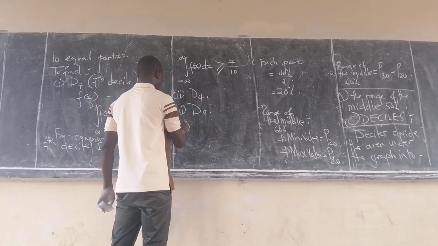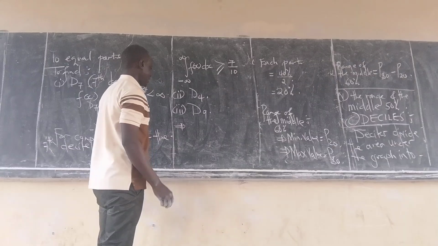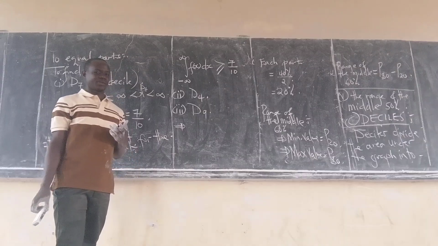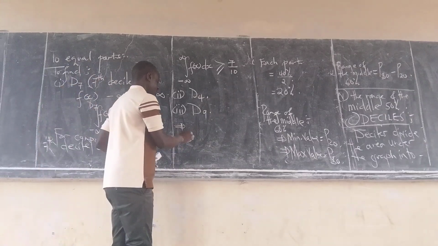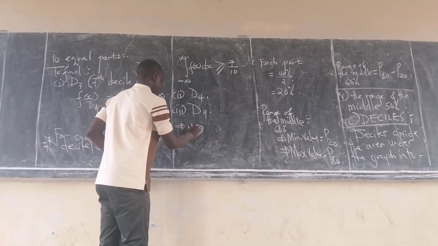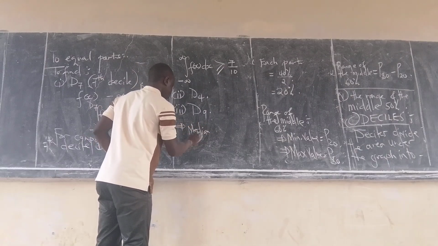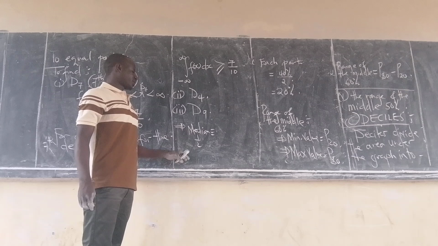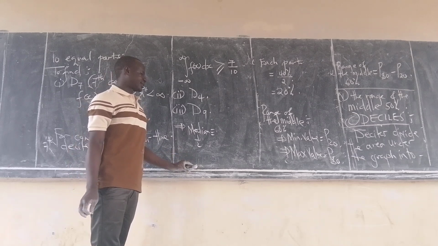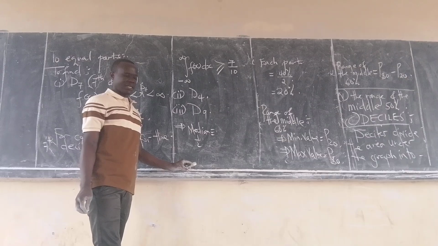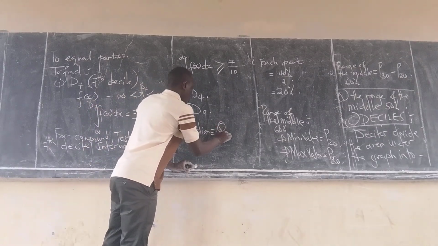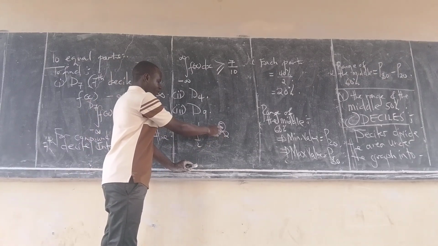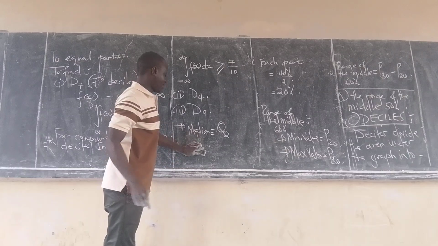Now, we can conclude and say, since the median divides data into 2 equal parts, we always equate to a half. If it is the median, we equate to a half. Quartiles divide data into 4 equal parts. So if it is the second quartile, Q2, then it will become 2 over 4, which is the same as a half.